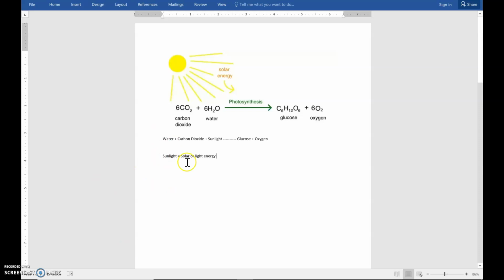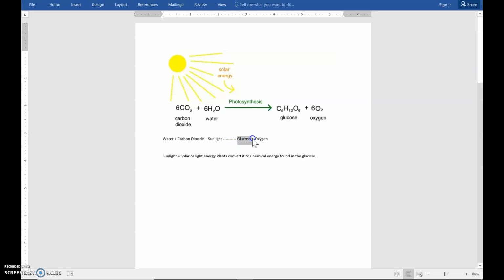And it's able to take that energy and convert it into chemical energy, which the plant can then use to grow and to get energy, and then it's able to use that energy to do things such as make new cells and grow taller. So we are taking sunlight or solar energy and the plants convert it to chemical energy found in the glucose.